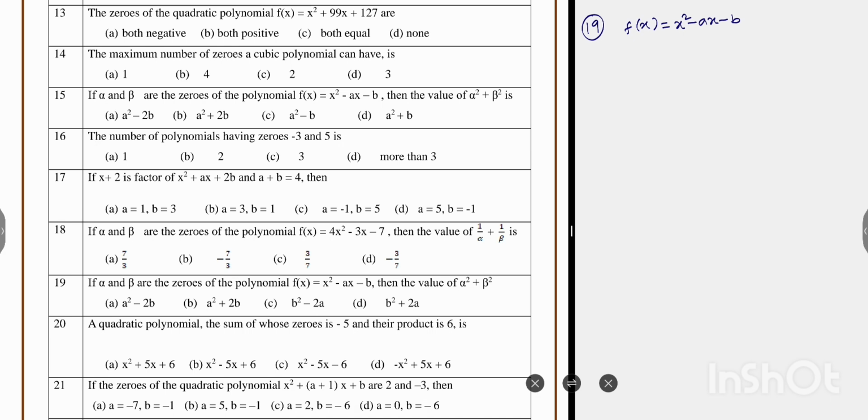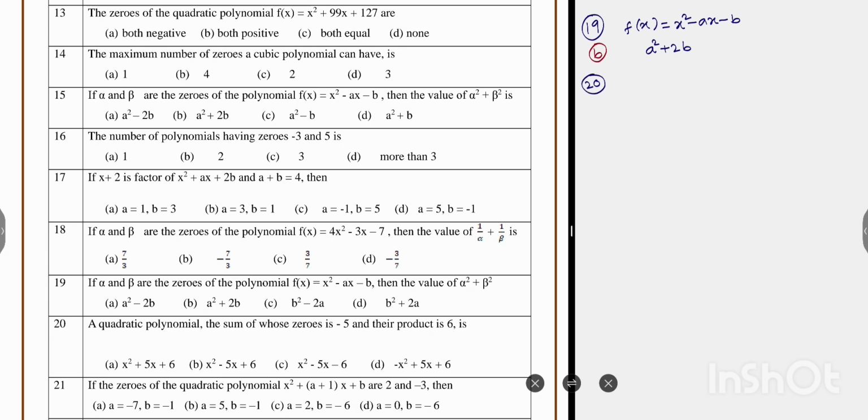I think this was done. It is the same as question number 15. Alpha, beta are the zeros of the polynomial x square minus ax minus b, then find the value of alpha square plus beta square. Here also the same. We already got this one. Option B is correct here. We already got this answer as a square plus 2b. You can go back and refer if you want.